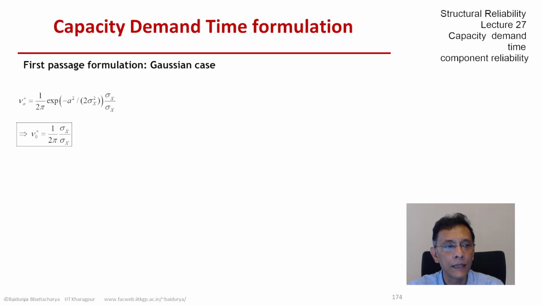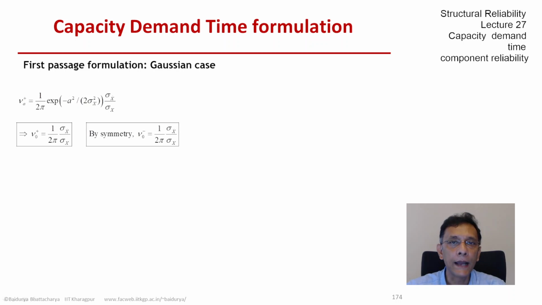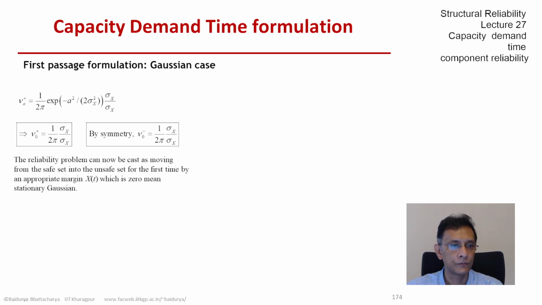So naturally, if we put A equals 0, then the rate of upcrossing of the barrier 0 is 1 over 2 pi times the ratio of the standard deviations, and by symmetry, the downcrossing rate would also be the same. So we can nicely express these rates in terms of simply the ratio of the standard deviations of the process and its derivative process.